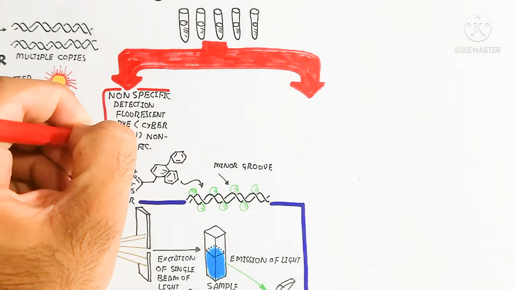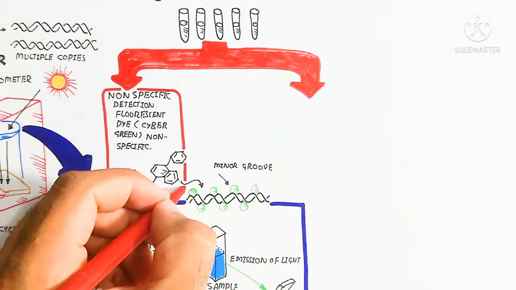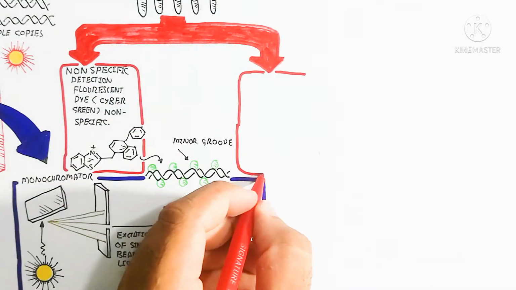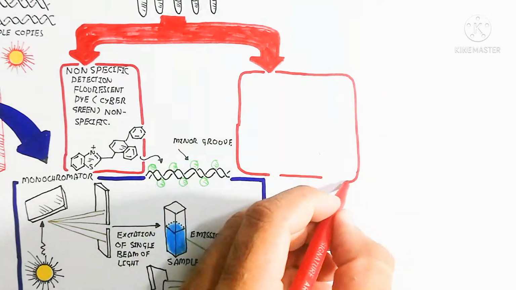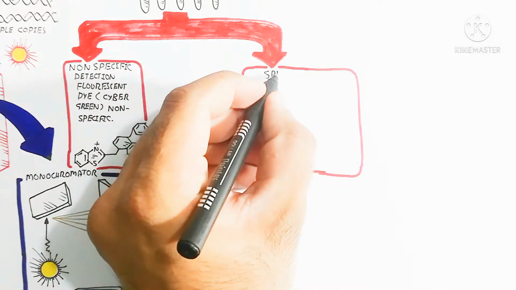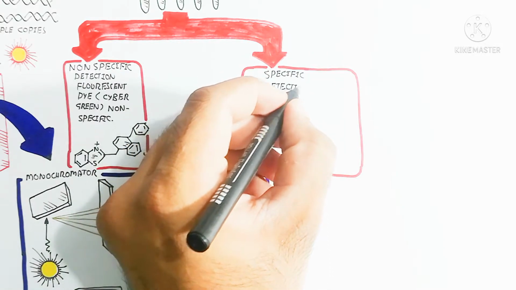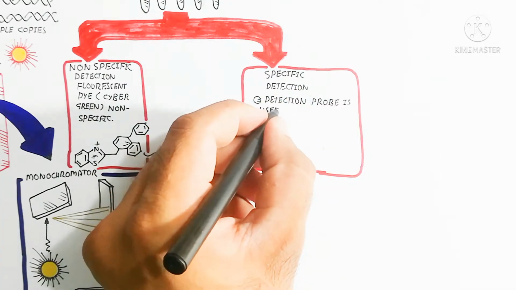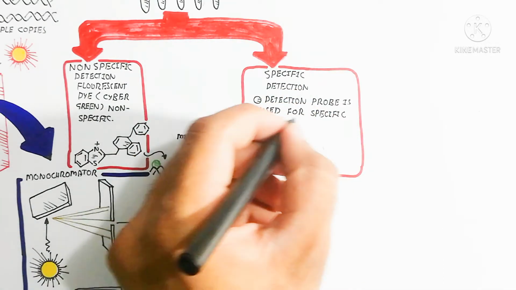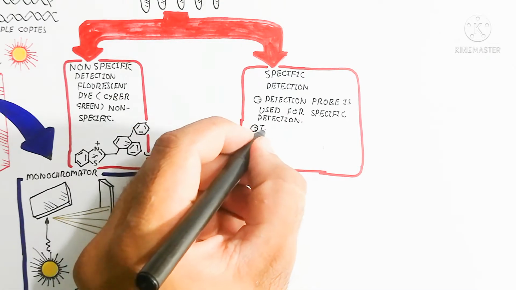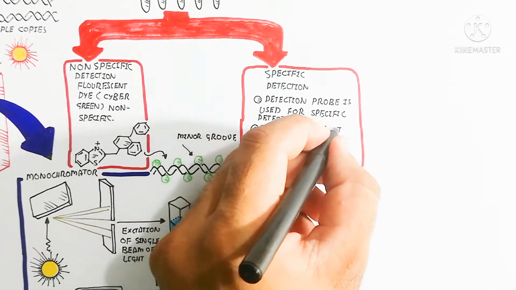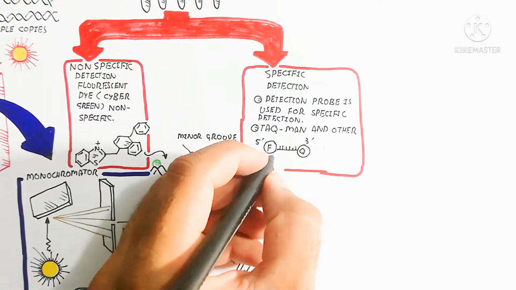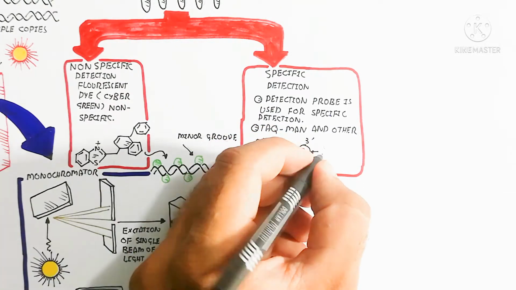The important thing is that, on the other hand, specific detection uses a detection probe, for example TaqMan. TaqMan is a specific probe attached with a fluorophore and a quencher. When the quencher is bound with the fluorophore, it will not emit color, but when the fluorophore detaches from the quencher, it begins to produce color.